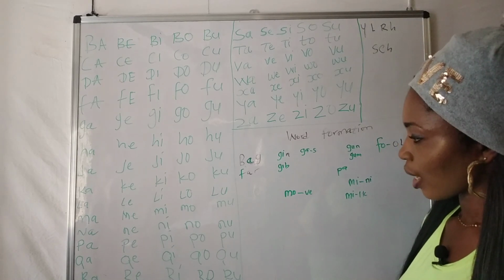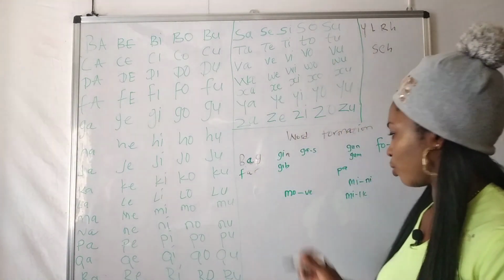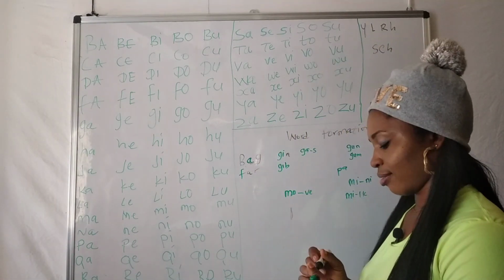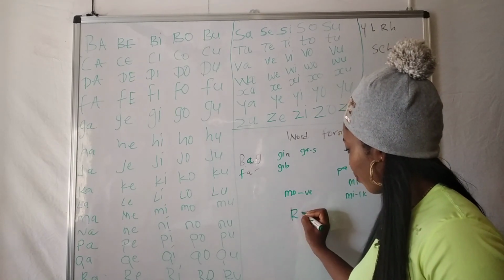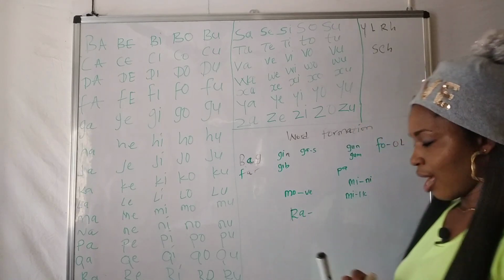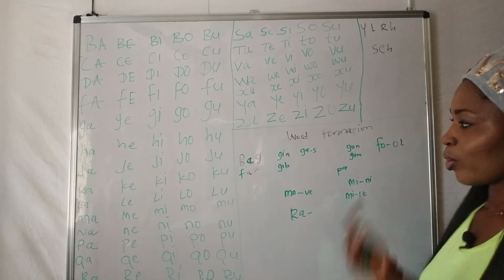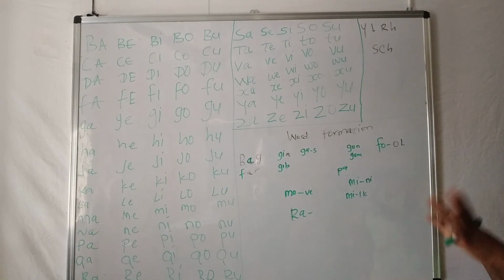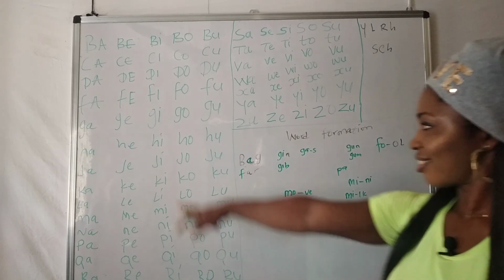Now let's pick this R, the R sound. This is RA. We can put what should we go the other way around, or should we work like this? Okay, let's take this.